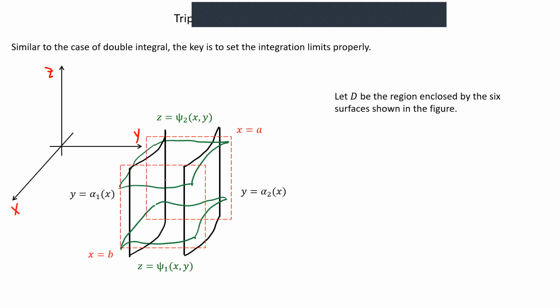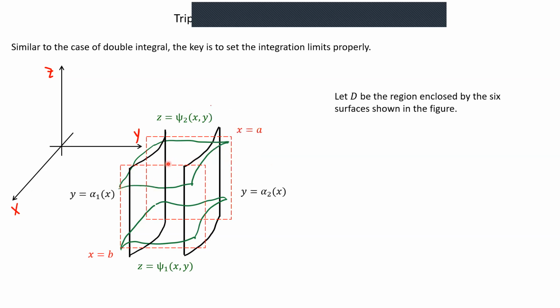This integration region looks something like this. What do I have again? 6 surfaces, but not 6 flat planes. So we need to be very careful here, just follow it carefully.